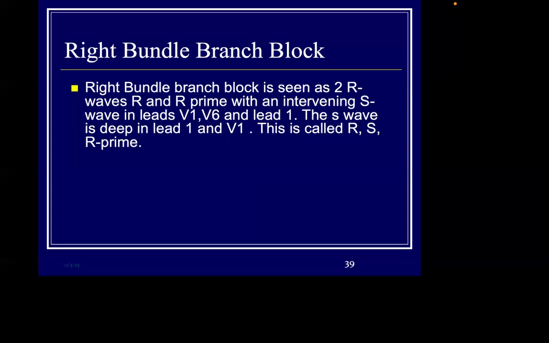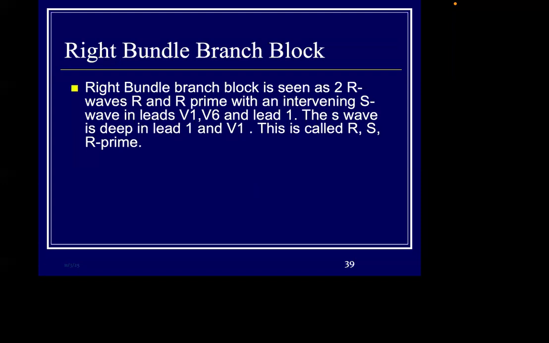So right bundle branch block, usually Anna, I want you to understand these concepts rather than just say there is an M wave, there is what is called, these things usually is not right. You have to understand things so as to assess this abnormality in seconds. So in right bundle branch block, the R wave and the R prime are intervening with the S wave in lead V1 and V6 and lead 1.